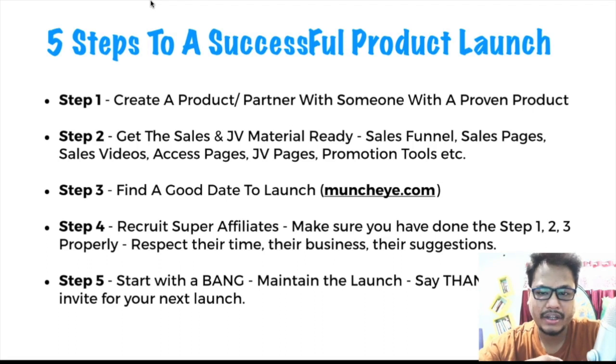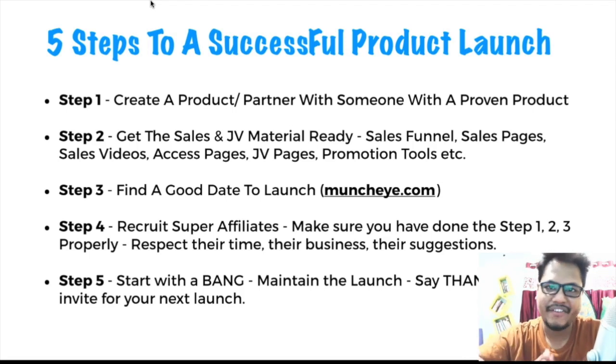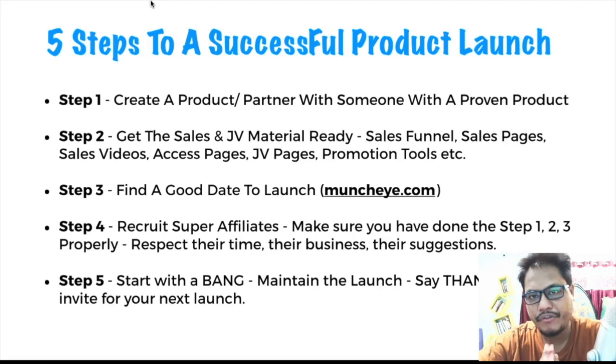So once you have these 2 things ready, next you need to find a good date to launch on muncheye.com. Muncheye.com is a place where most of the affiliates list their launch. So you need to go out there and find what are the best dates you can launch. Usually you need to find a date where there is not a similar product launching around that date, and you need to see what kind of vendors are launching those.